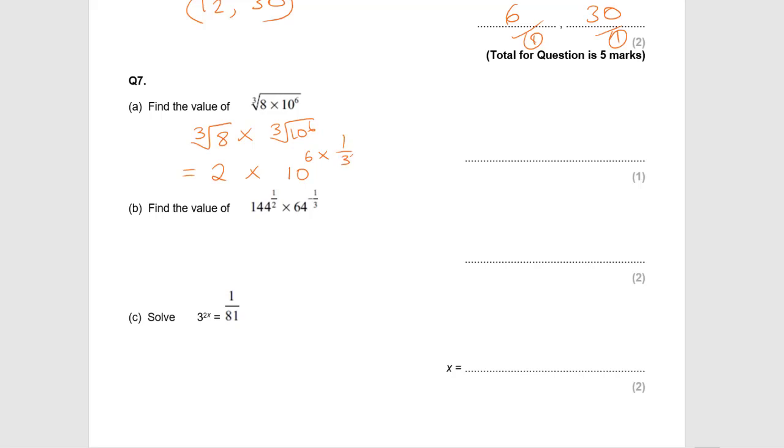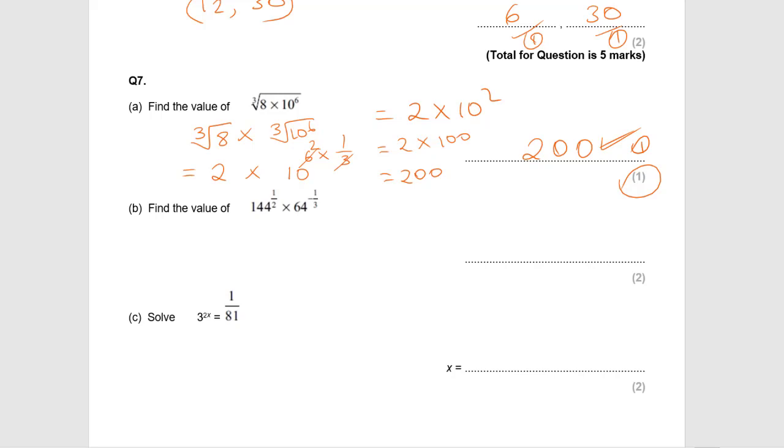Now 1/3 times 6 is 2, because 3 goes into 6 twice. So we have 2 times 10 squared, and 2 times 10 squared is 2 times 100, which is 200. Now you don't need to show all this working, but I'm just showing you how you get to the answer. The answer is 200, and it's worth 1 mark for the correct answer only.